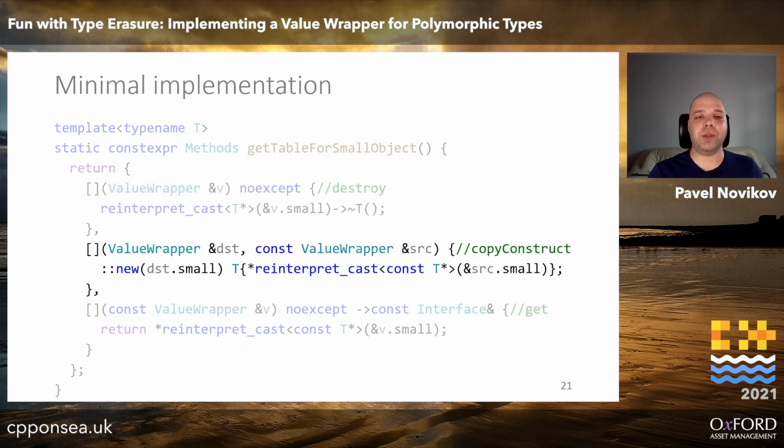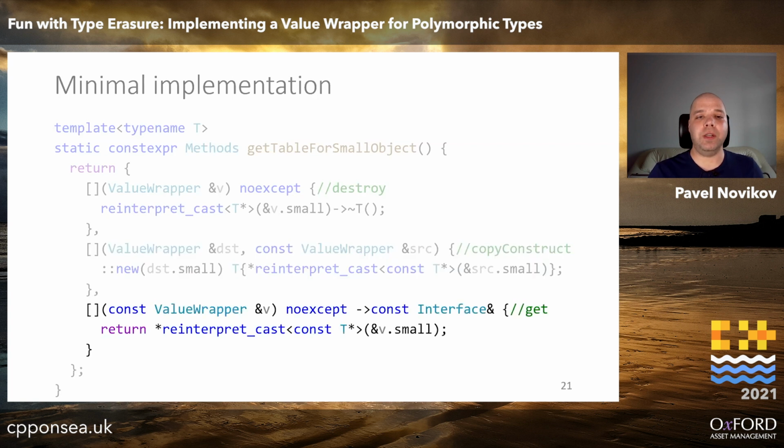Then for copy construct, we have placement new using the address of the small buffer, to which we copy construct the value from the source argument, reinterpret casting it to const type. And for get, we just reinterpret cast the address of the small buffer and return it.